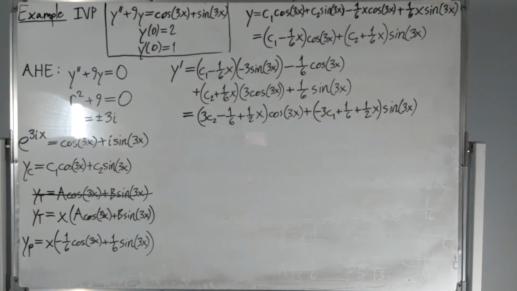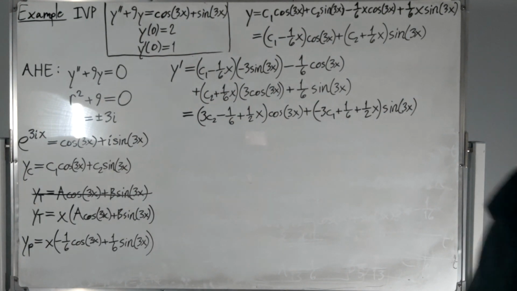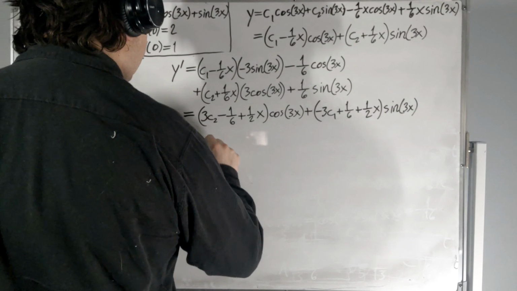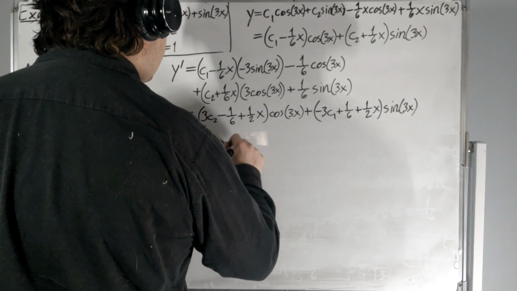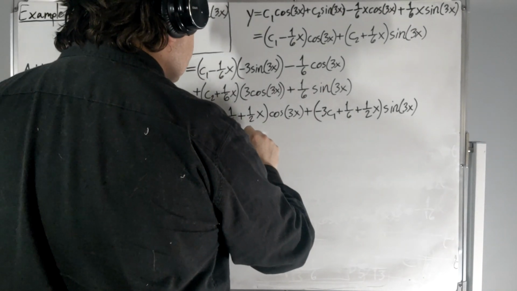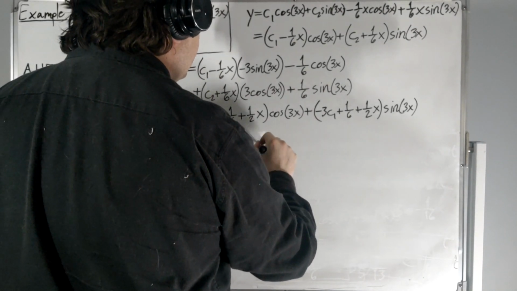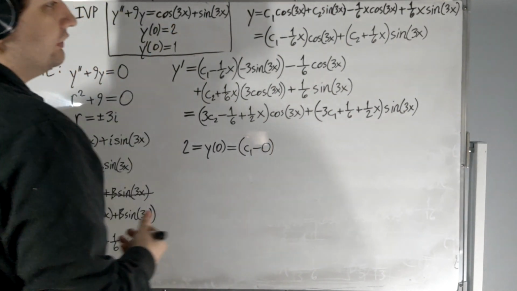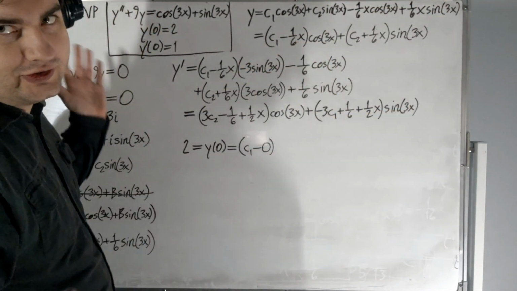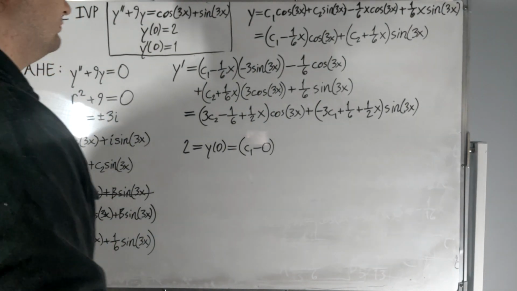Okay. So the initial conditions imply that 2 has to be y of 0. Y of 0 is going to be, let's see here, c1 minus 0. Cosine of 0 is 1, and then the sine of 0 is 0, so we can just forget about that term.